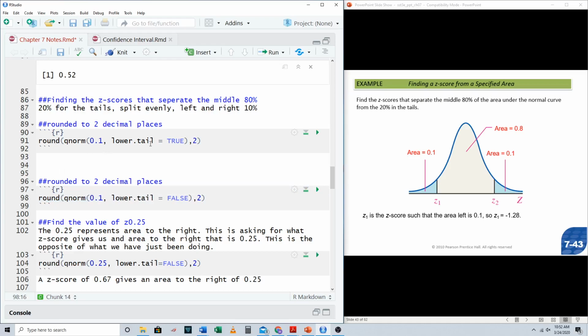Okay, so here we're going to have the left z-score. Okay, and then here we're going to have the right z-score.